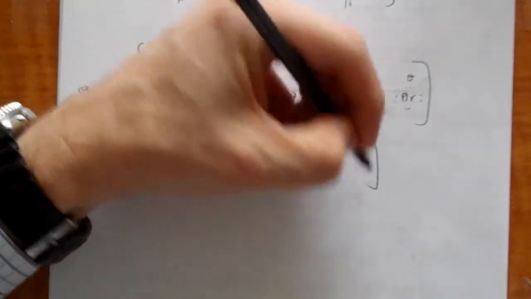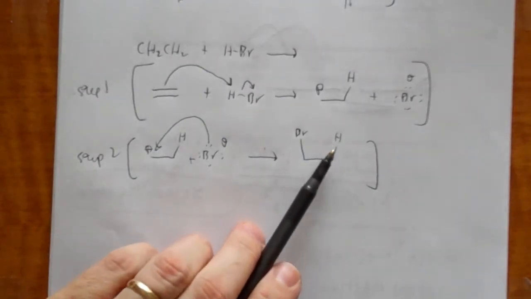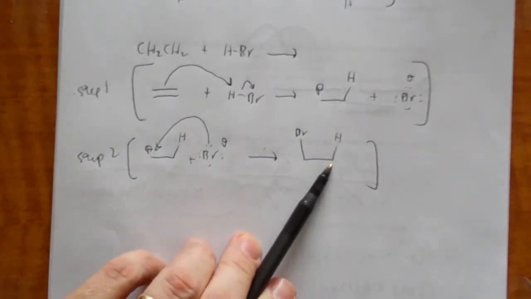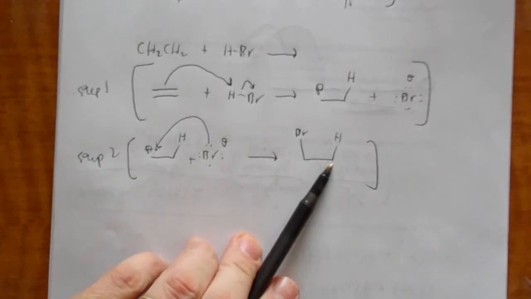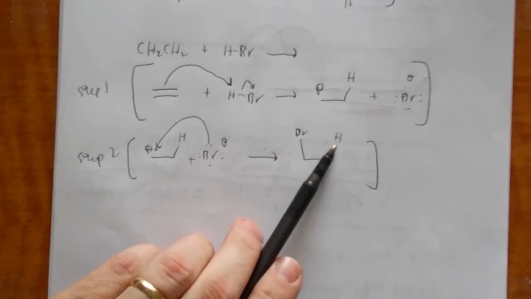That's it. Okay? Now the question is, why am I drawing that hydrogen there? How many hydrogens are on that carbon? Let me leave that question for you. How many hydrogens are on that carbon, and why am I drawing that there?